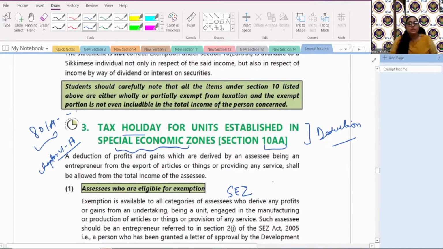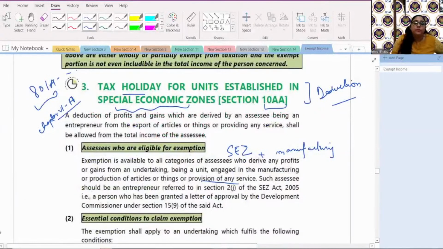So if any unit is established in a special economic zone and is into manufacturing of any product or article, or in provision of any service, there are some profits from it.